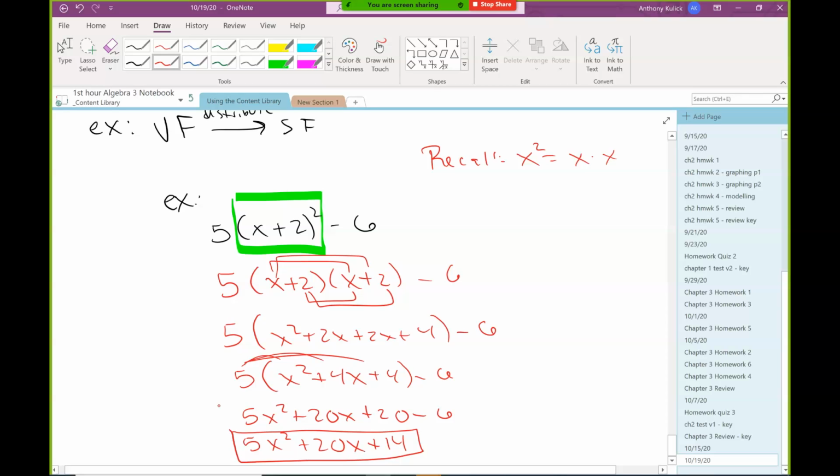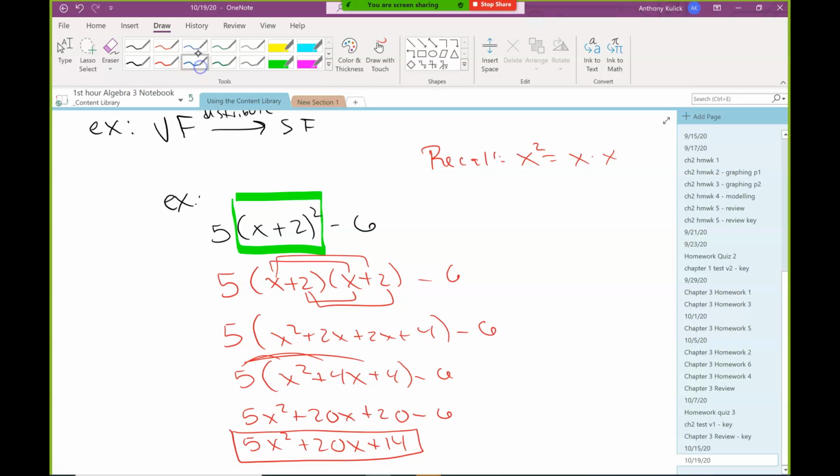And there's my result. So not much different than the other one, right? We just have to take that squared term and rewrite it as a FOIL problem. And then we just FOIL and do some combining of like terms at the end. But not too bad. Let's do one more just to make sure we get it.